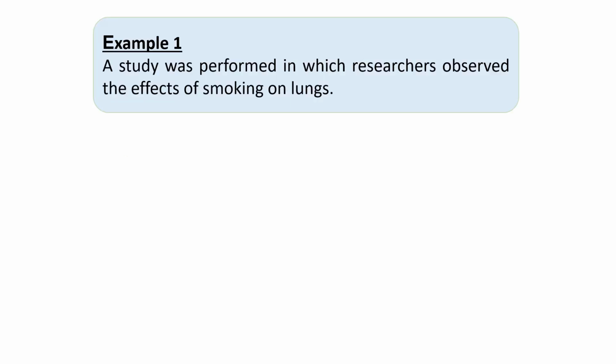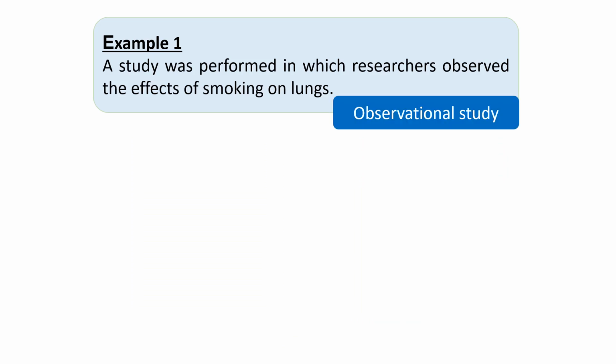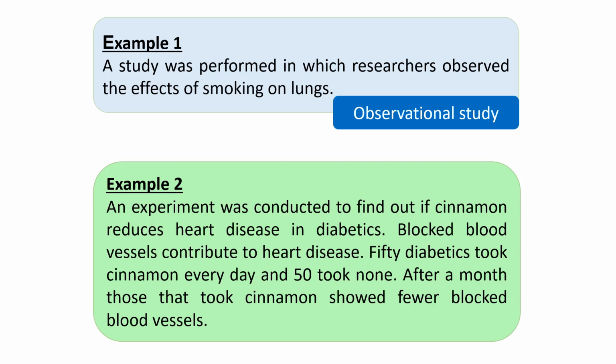Here's an example. A study was performed in which researchers observed the effects of smoking on lungs. This was just observed, so this was an observational study. The second example says an experiment was conducted to find out if cinnamon reduces heart disease in diabetics. Blocked blood vessels contribute to heart disease. So 50 diabetics took cinnamon every day and 50 took none.